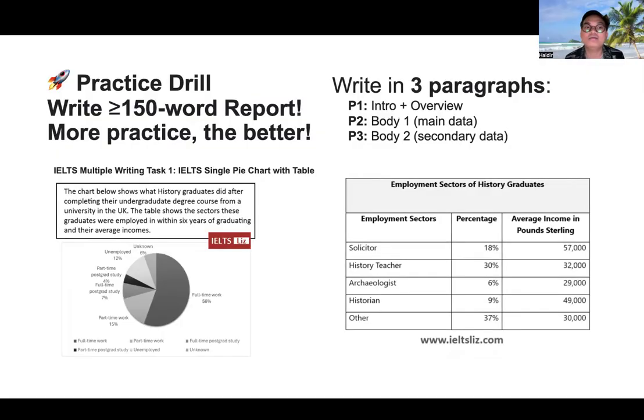Please write down at least a 150-word report in 3 simple paragraphs using the previous examples. Yes, I'm giving you a similar prompt here. We do have a table and pie chart. You have 7 minutes to try.